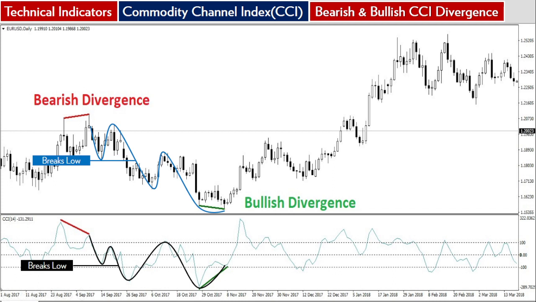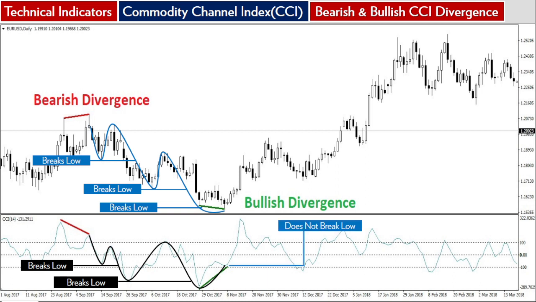It also breaks low. Then in the price window it is breaking another low, and in the indicator window it is also breaking a low, and then in the price window it is breaking another low. But when we look at the indicator level, it does not break that low, it actually makes a high in this case. So this is an example of divergence.